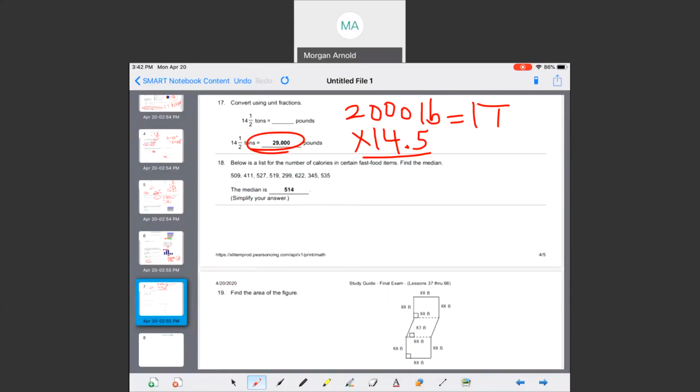Question 18. Below is a list of the number of calories in certain fast food items, find the median. First, arrange your numbers either in order from smallest to largest or largest to smallest. I'm doing small to large, so bear with me while I write down the numbers in that order.